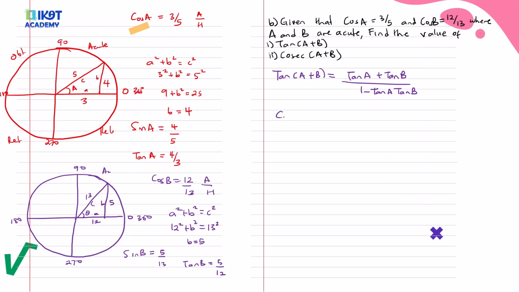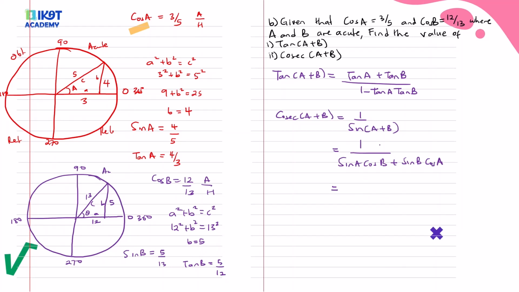Then cosec A plus B will be 1 out of sine A plus B. So you can first work this out alone, then substitute later, or you can continue and say this is sine A cos B plus sine B cos A. Then now you substitute and then you solve this.